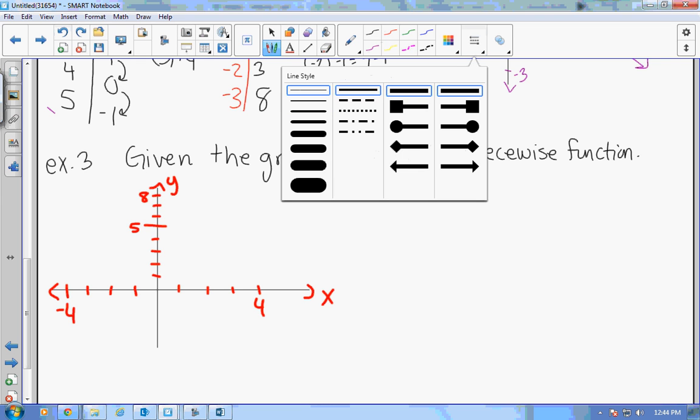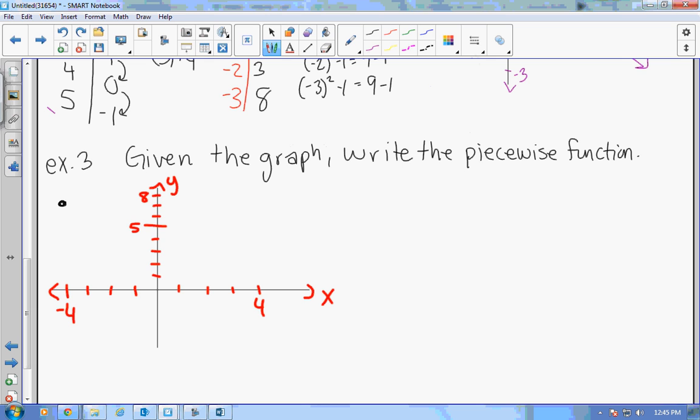Okay, the points that are given are -4, 7. -2, 5. -4, 7 is a point. -2, 5 is a point. 1, 5 is a point. And 2, 7.